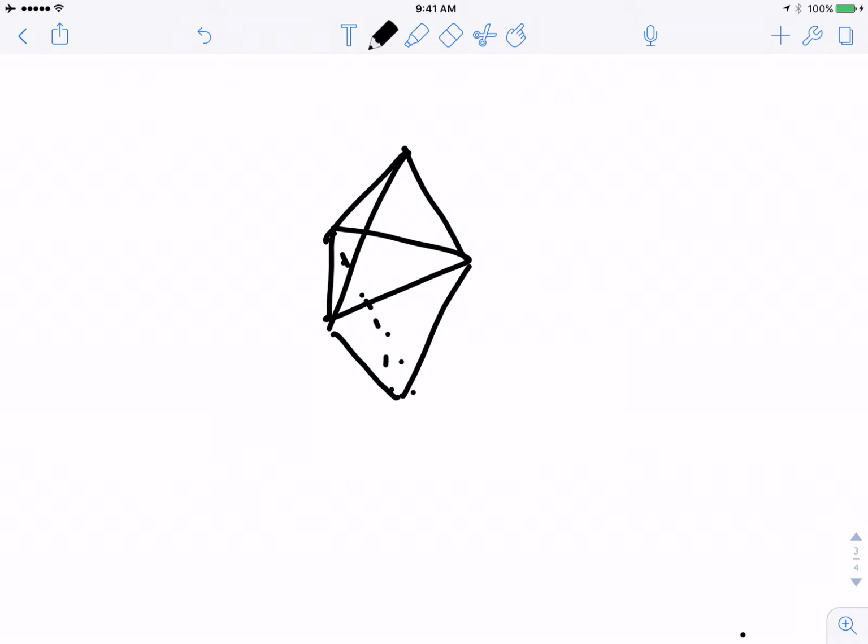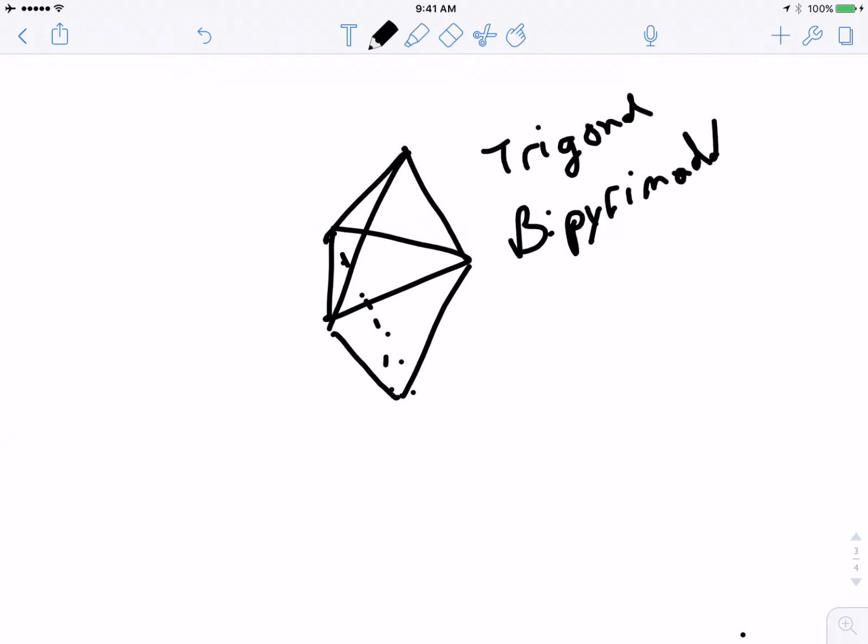Two pyramids connected. This is trigonal bipyramidal. Wow, pyramid, did not spell that right. Trigonal bipyramidal.